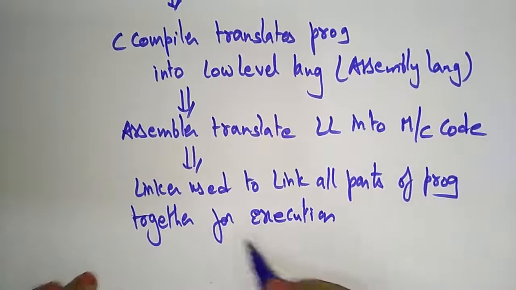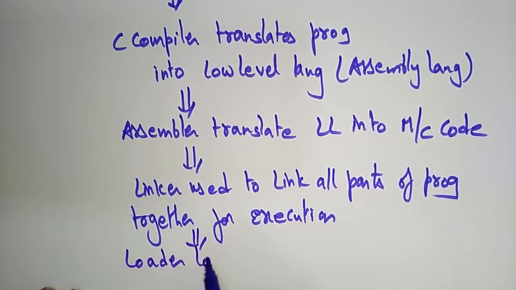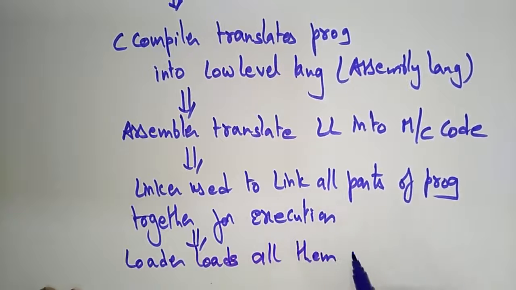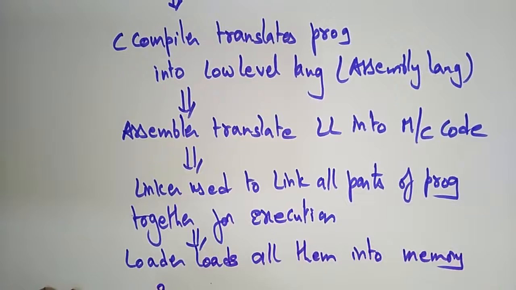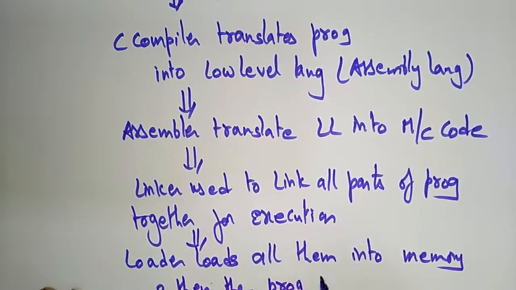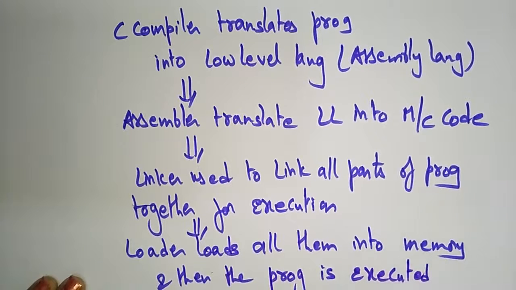After linking, finally the loader. What will the loader do? The loader loads all of them into memory, and then the program is executed. These are the steps followed by the language processing system.